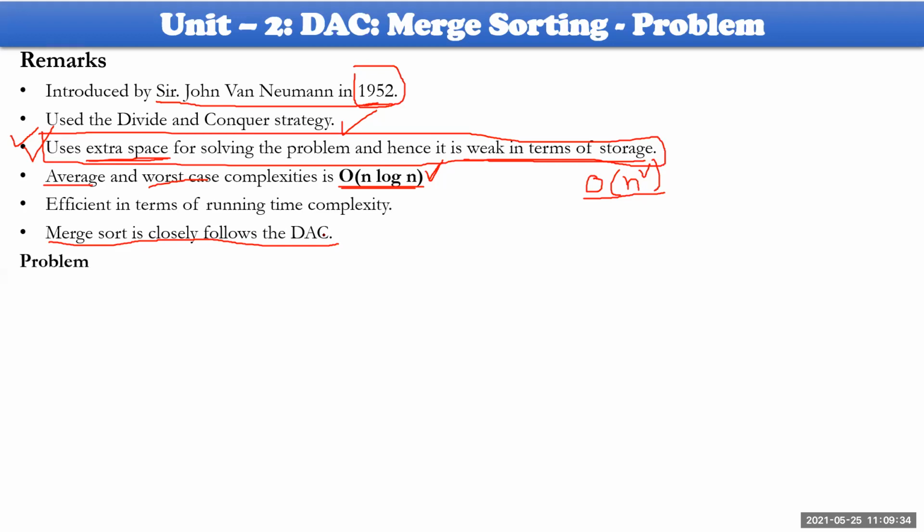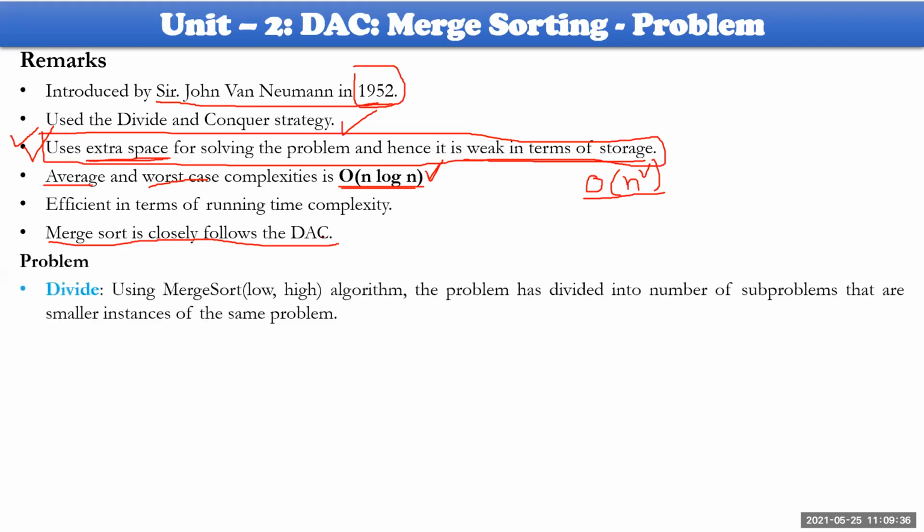What is the problem actually? There is a particular algorithm, merge sort, which takes low and high as parameters. Based on this, we have to identify the mid element and divide into a number of subproblems, provided n, the number of elements, is greater than 1.